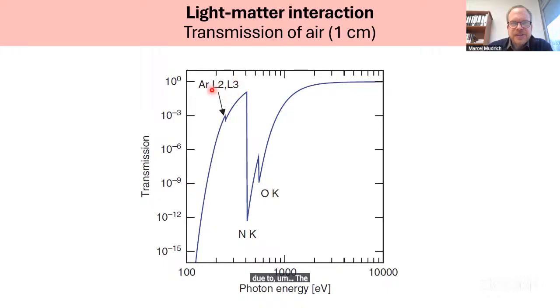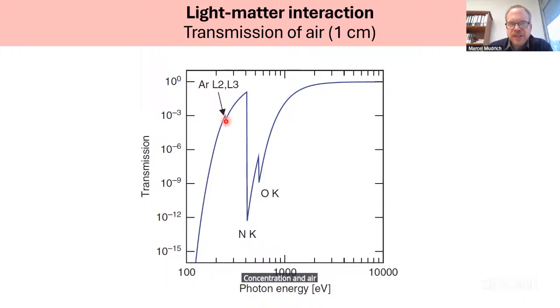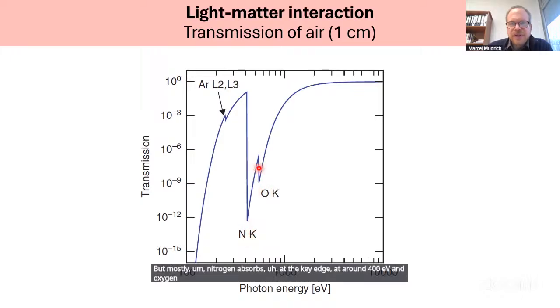This is absorption of n equals 2 electrons in argon. Argon has less than 1% concentration in air, so this is a small signal, but mostly nitrogen absorbs at the K edge, at around 400 eV, and oxygen here around 550 eV.